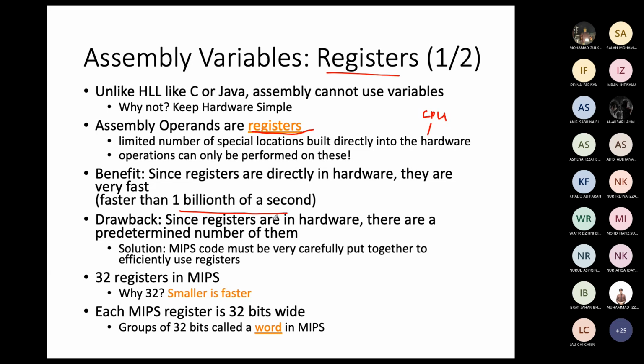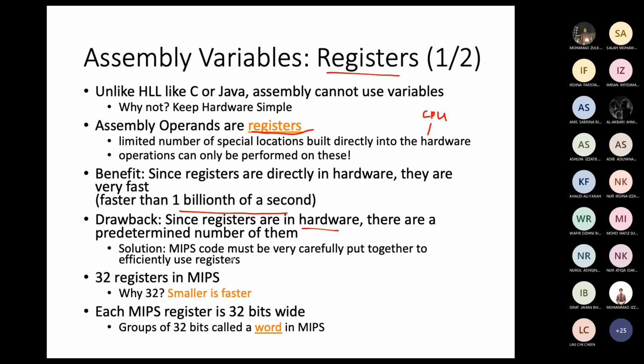But the drawback is that since the registers are hardware, implanted in the CPU, there is a predetermined number of them. So they cannot be called variables, but they can act as variables. Since it's hardware, we have a limited number of them, and we have to determine how many registers we can put inside the CPU.